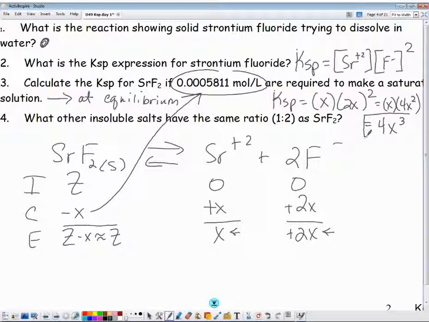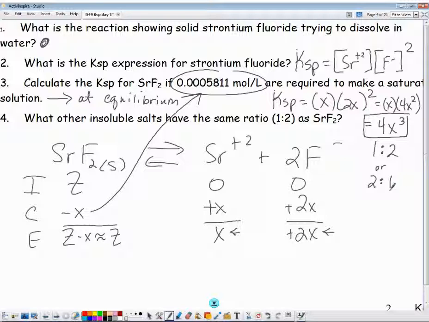That's very important that you put that in the brain: anytime there's a 1 to 2 mole relationship between your ions or a 2 to 1 mole relationship, wouldn't matter which one comes first, you're always going to have KSP equaling 4X cubed. Always, always, always.